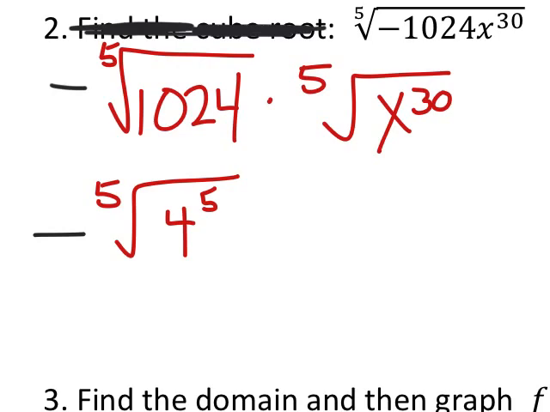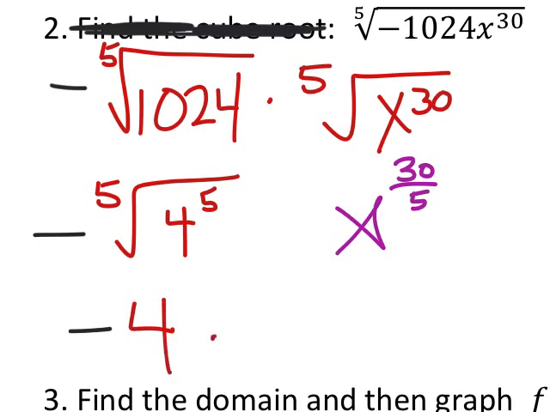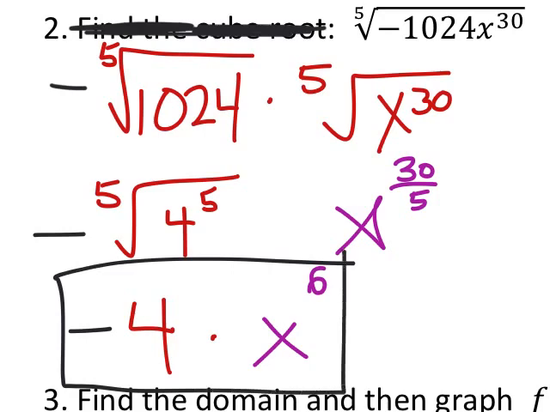And this is the 5th root rather, which I will write as an exponent again. So we have x to the power of 30/5. And just simplifying this, we've got a negative 4 times 30 divided by 5 is 6. So that is the exponent of x, and this is our final answer right here, negative 4 x to the power of 6.